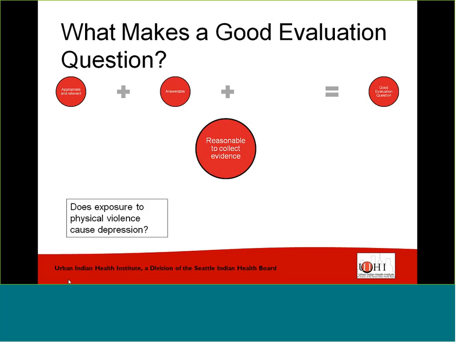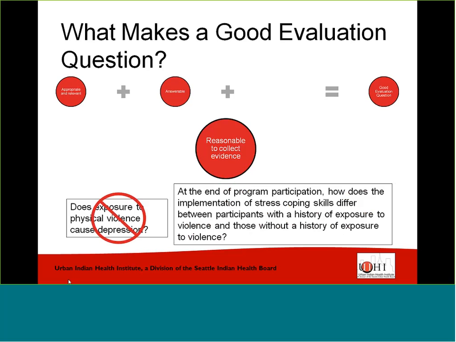We can collect information on how many people in our support group have experienced personal violence and symptoms of post-traumatic stress, but would not be able to actually prove a causal relationship. Instead, we may want to ask, at the end of program participation, how does the implementation of stress coping skills differ between participants with a history of exposure to violence and those without a history of exposure to violence?